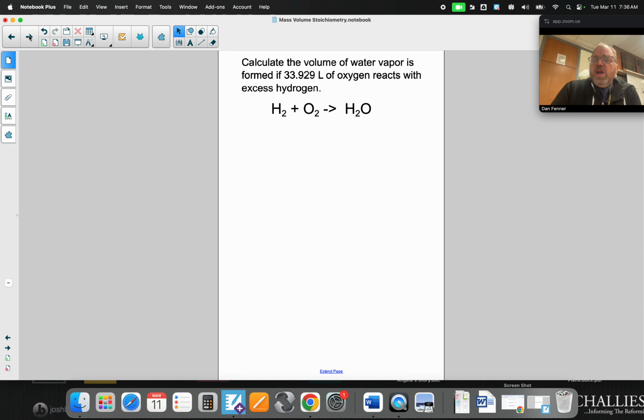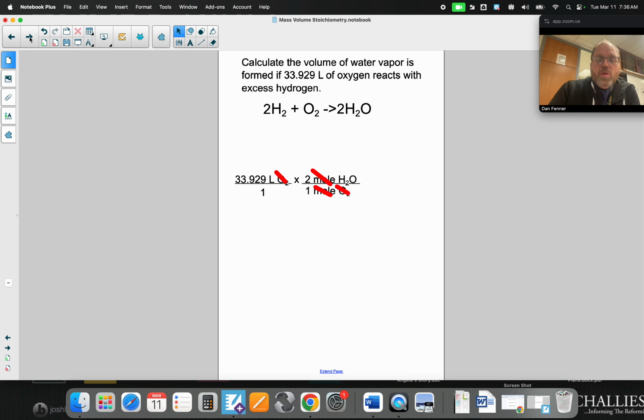Here's our reaction. It's the synthesis of water. Balance it up. Take our given over 1. Now, remember, this is 22.4, and the end is going to be 22.4, so they're going to cross each other out. So I can get rid of those and only deal with the molar relationship. So 1 mole of H2O over 1 mole of oxygen from the balanced equation.